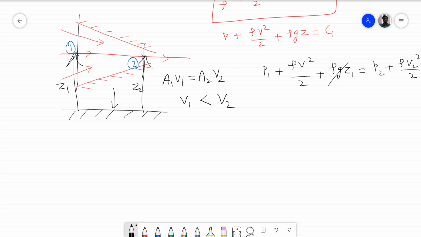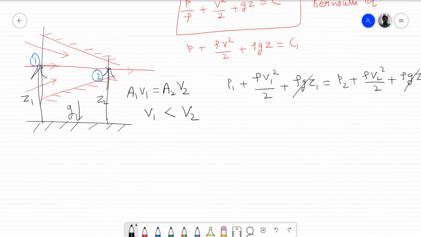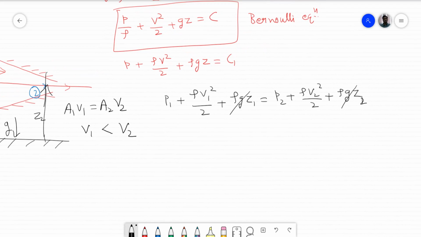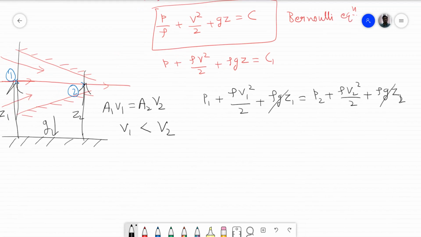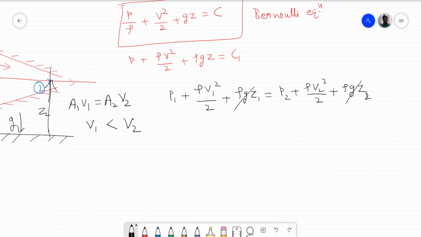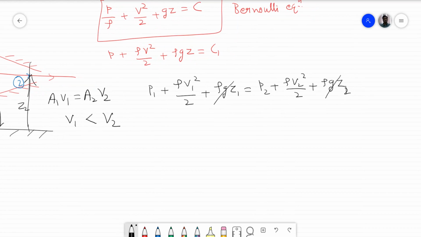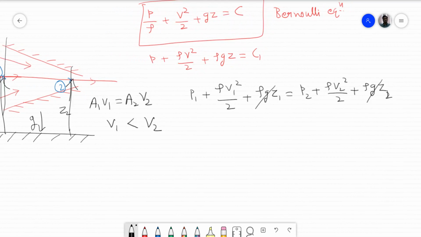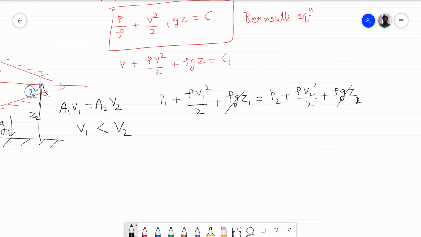Even if there is gravity in this direction, no matter what is flowing here, water, air, any other fluid which is heavy, if the streamline is parallel to the ground, there are no elevation changes.